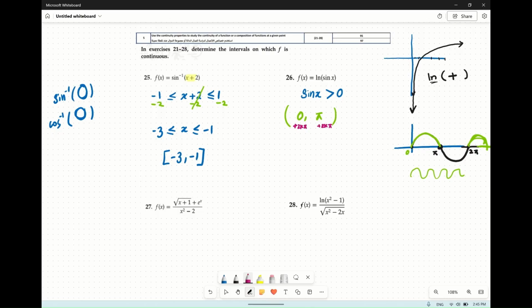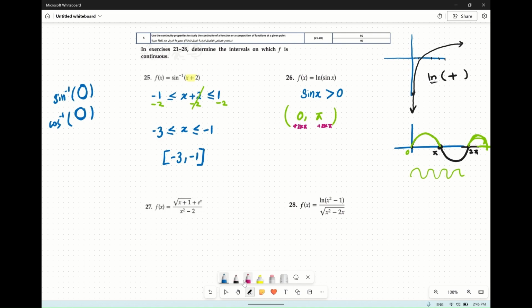Now, what does this 2k pi mean? 2 pi is the period of the sine. So the sine repeats itself each 2 pi. K is a constant representing which repetition we are talking about. So when k is 0, we are talking about the first interval. When k is 1, the next one, and so on.